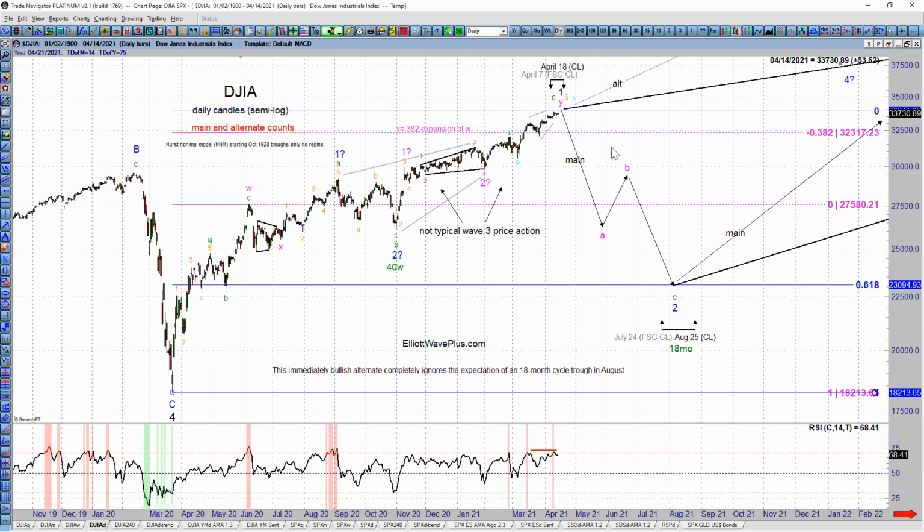From April 18, which is still 4 days from now on the Dow, all the way down to August 25, it's bearish. But the problem is, it's been suggesting that we might be at or near a top for several weeks.